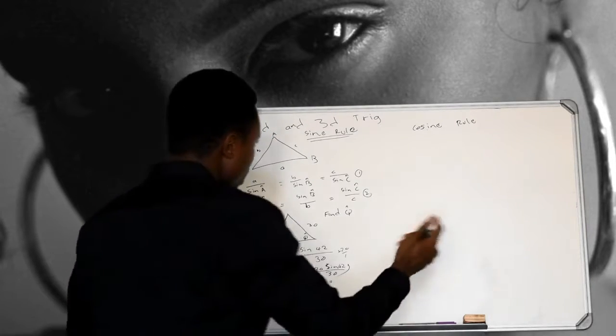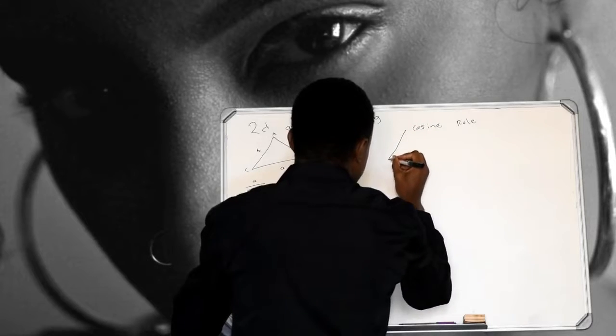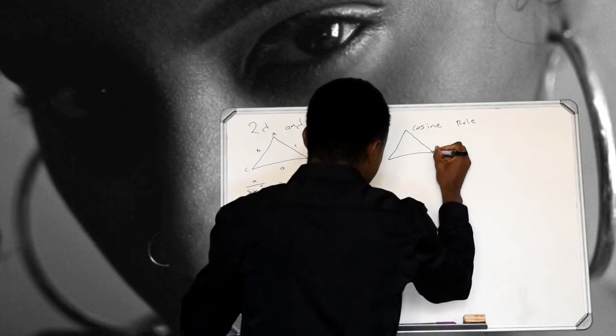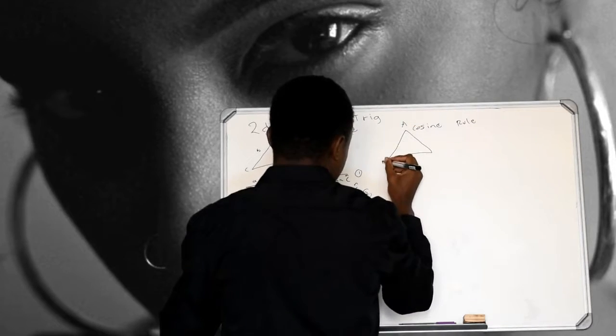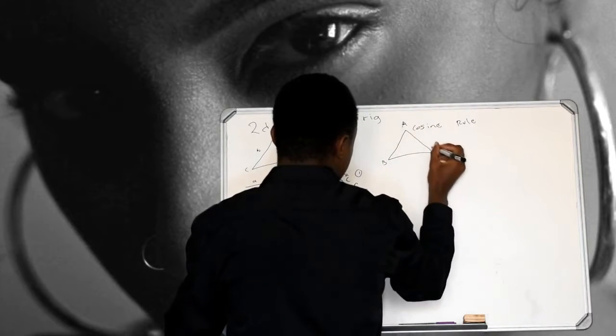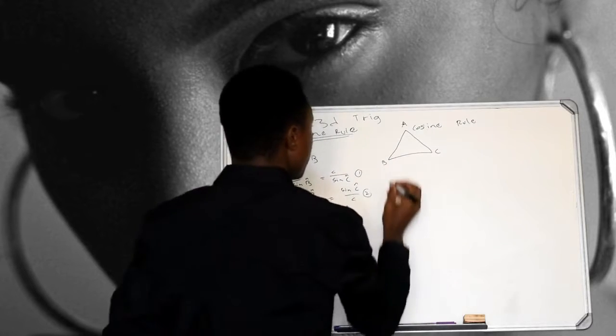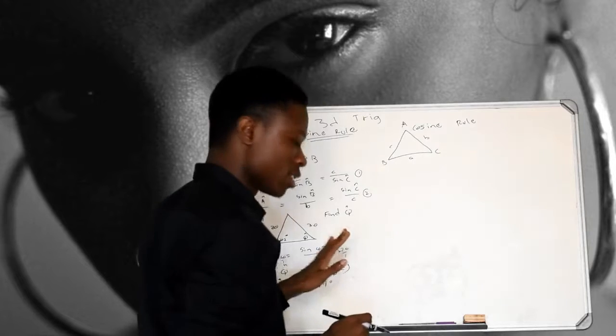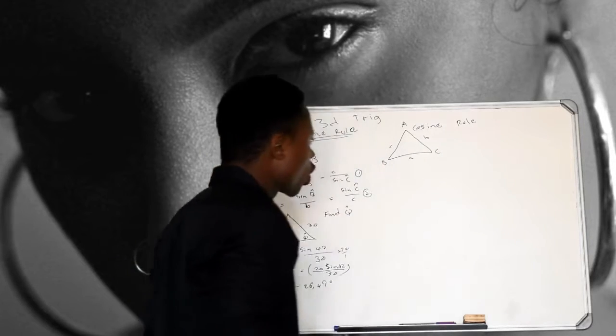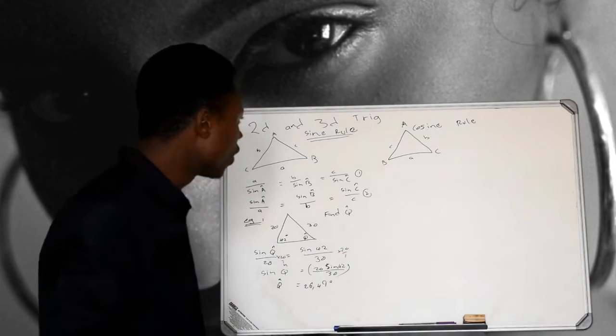What are the basics? Let's draw the triangle. What is the opposite? C. Opposite of that is A. Opposite of this is B. Those are lengths, right?